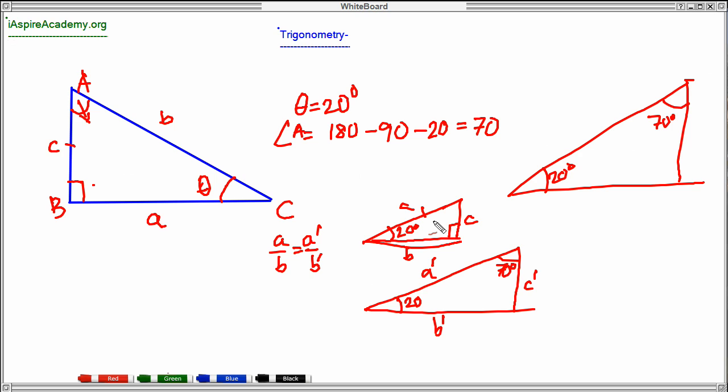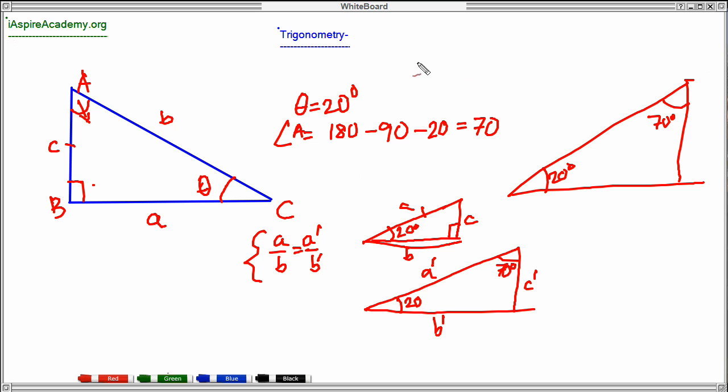That's the property of similar triangles. Now, how does this apply with respect to trigonometry? Trigonometry is all about showing these relations and getting some properties out of them.